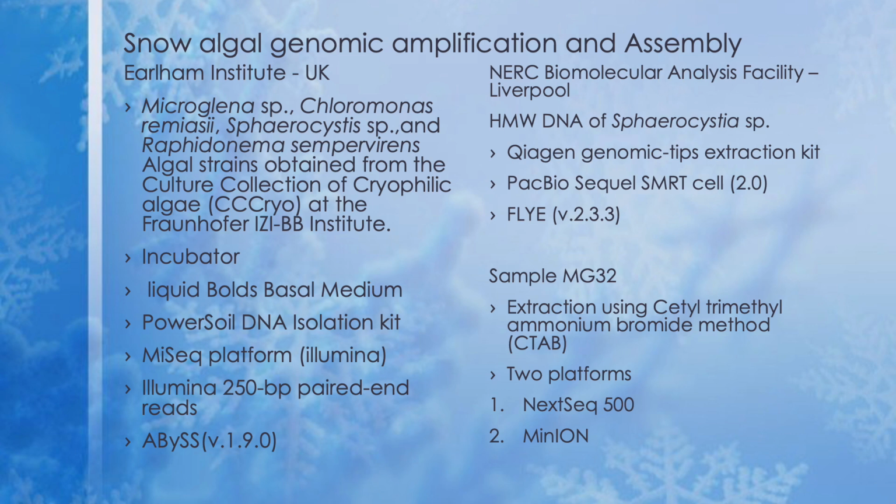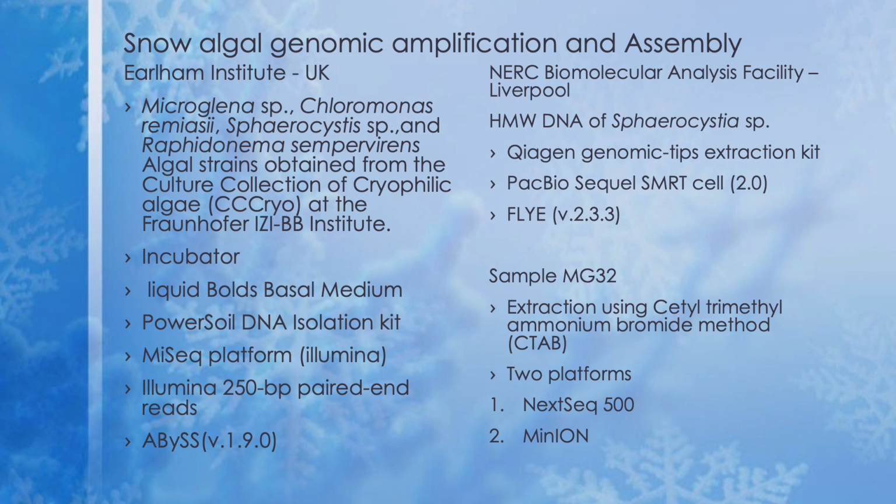In addition, high molecular weight DNA of Sphaerocytis species 101-99 was extracted using the QIAGEN Genomic Tips Extraction Kit and sequenced using PacBio Sequel SMRT Cell 2.0 chemistry at NERC Biomolecular Analysis Facility in Liverpool.